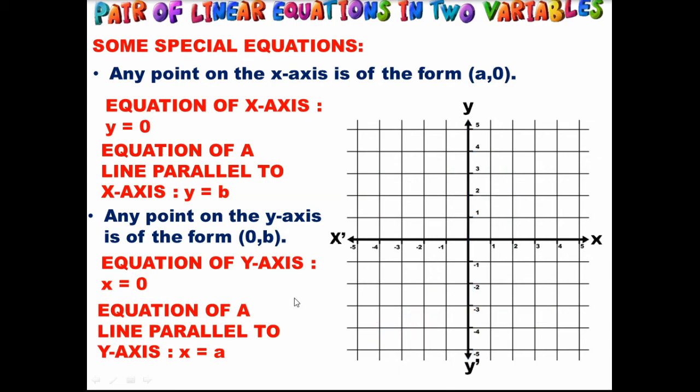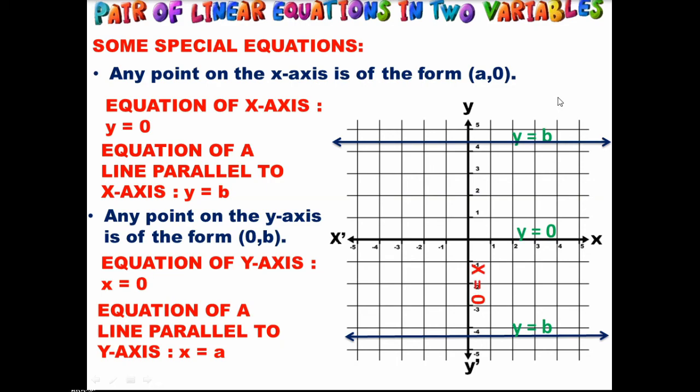Now let me summarize what I have told you. The equation of the x-axis is y equals 0, and any line parallel to the x-axis, either in positive direction or in negative direction, has the equation y equal to b, where b is the point through which the line passes.